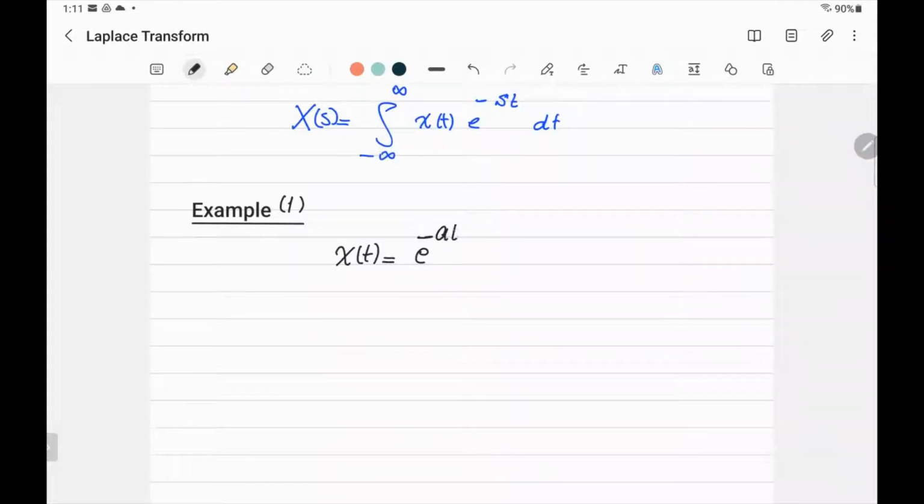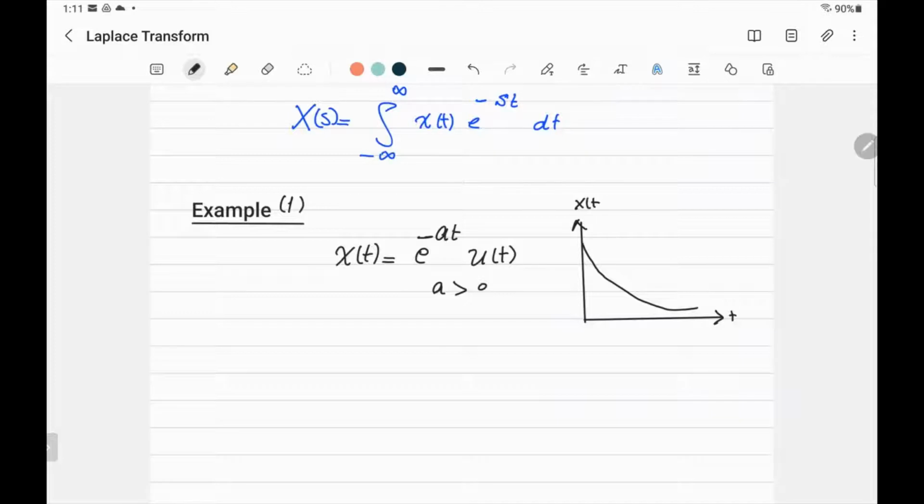A is a positive number. So it's the same one that we did before. If this is the time and this is the function, it looks like that. And it's given that a should be greater than 0.